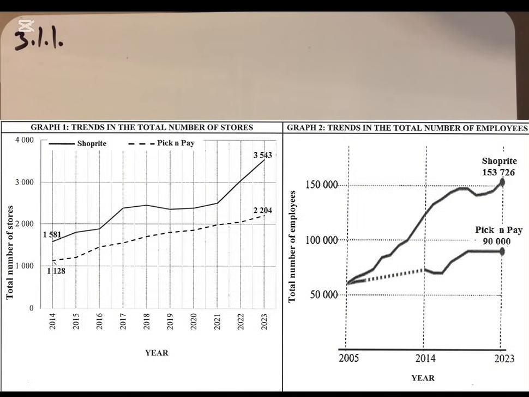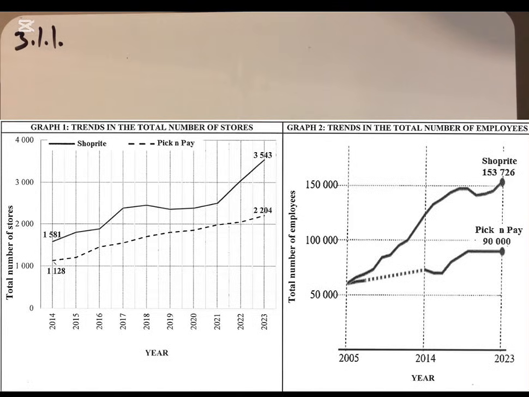Graph 2, the trend in the total number of employees. If you check here, Pick n Pay has 90,000 employees. That was the highest recorded in 2023. And then ShopRite had 153,726 employees recorded in 2023 also. So let's look at these questions.